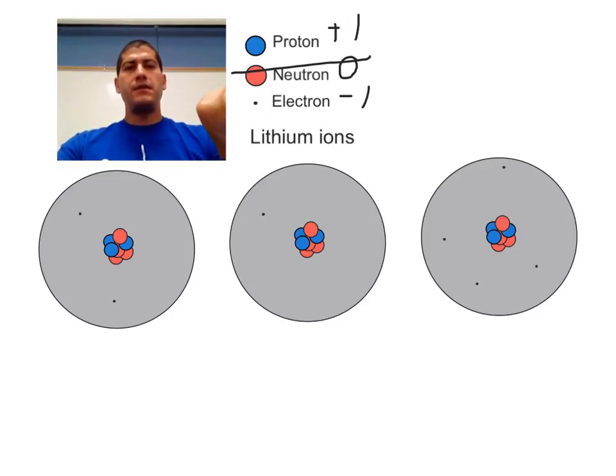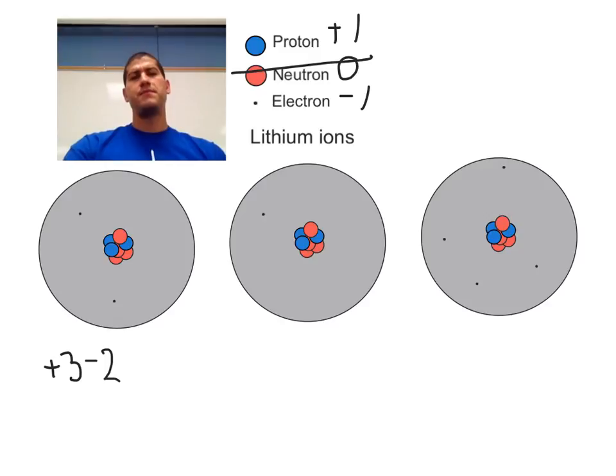Now, in our first lithium atom, we have 1, 2, 3 protons that contribute 3 positive charges to the atom. And we have only 2 negative charges from our 2 electrons. The calculated net charge of this lithium ion would be +1.